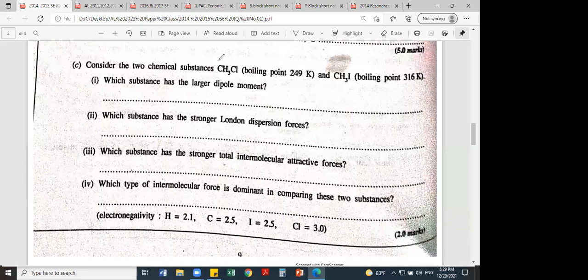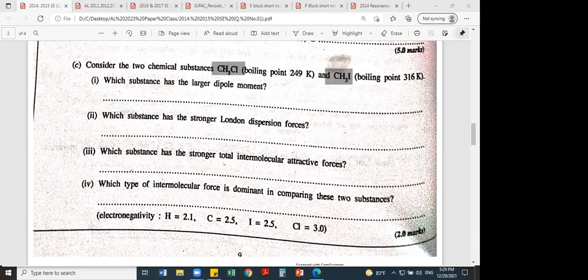Consider the two chemical substances CH3Cl and CH3I. So the boiling points are also given, 249 Kelvin and 316 Kelvin. Why is boiling point given? You can have a rough idea. Boiling point relates to volatility, or vaporizability. The higher the boiling point, the lower the vaporizability.